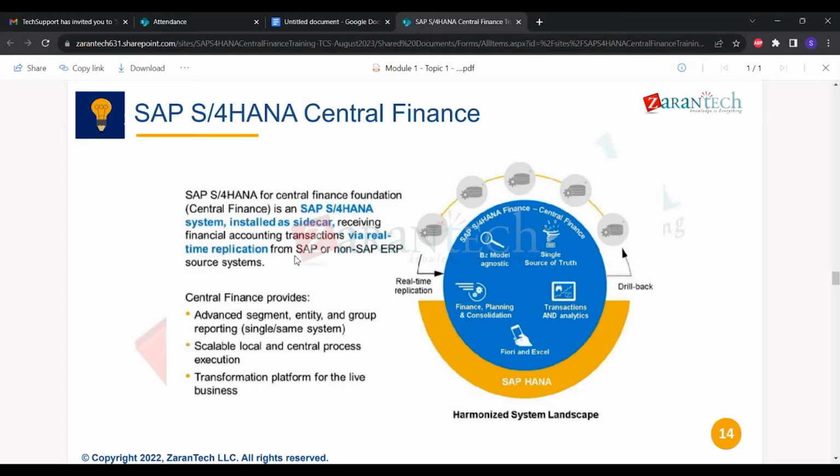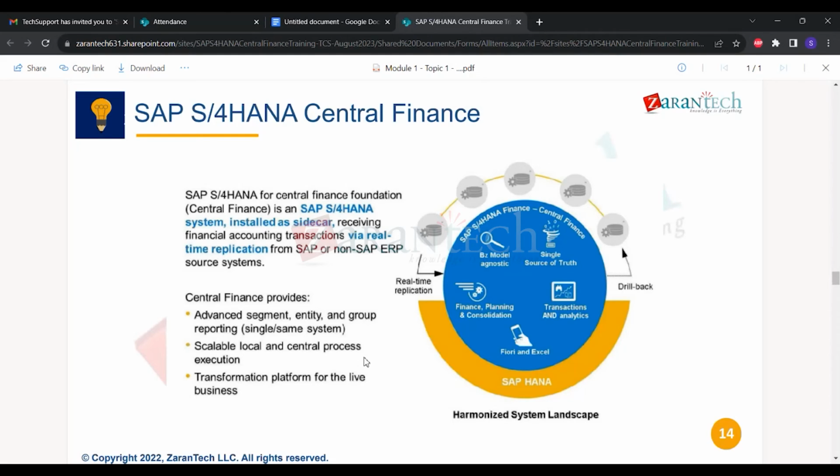Also, one additional benefit from central finance is that once you have all your financial data migrated at one single place, and at a later point you want to migrate to the full-fledged S4 HANA, it provides a non-disruptive way. All your financial data from source system processes is already being reported, and you can connect to S4 HANA separately once the implementation is done.